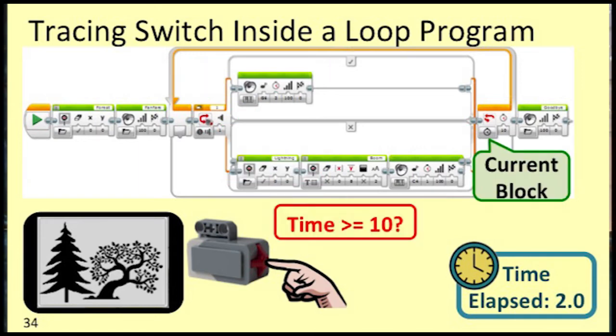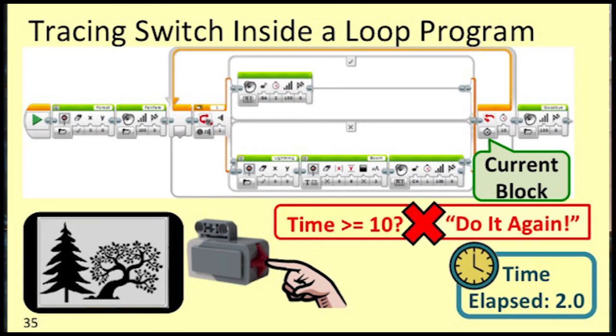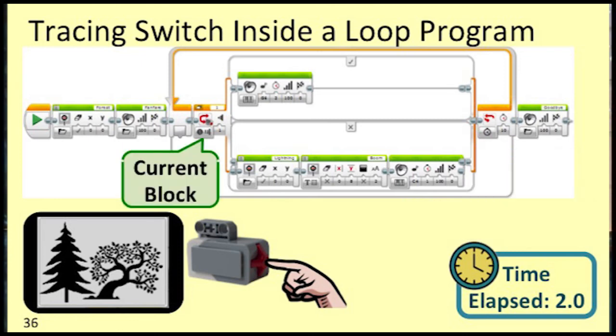After the note is done, we check whether the loop is done. In this case, since we set the loop to time for 10 seconds, we check whether 10 seconds is elapsed. Nope, only 2 seconds, so the loop tells us to do it again. Now, you might think that since we removed our finger from the button for a moment, that now we should play the low note.